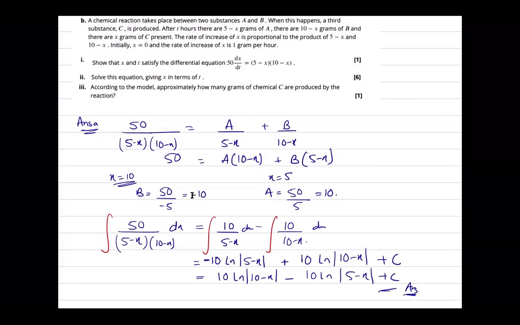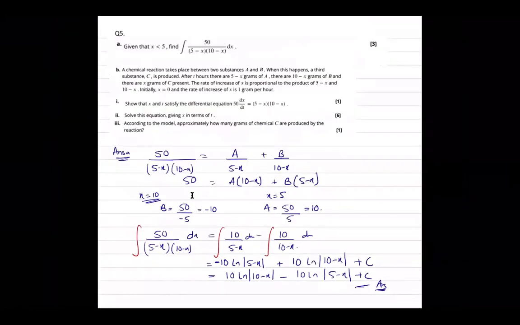The second part says solve this equation giving x in terms of t. Okay, no, my bad, sorry. Part B is a different question. I mean, it is linked with the first part, but the wording is: a chemical reaction takes place between two substances A and B. When this happens, a third substance C is produced.